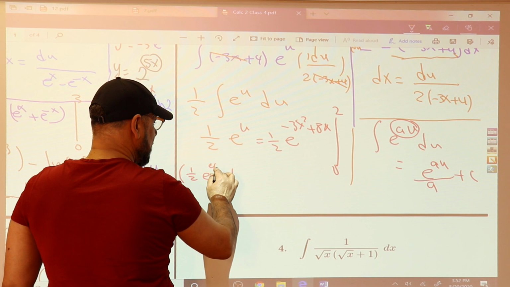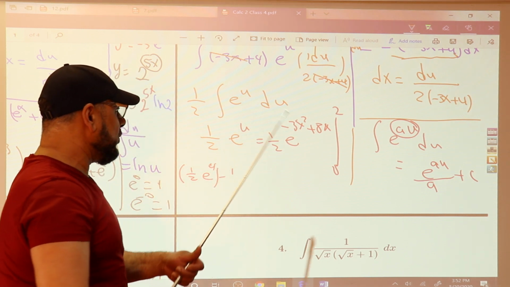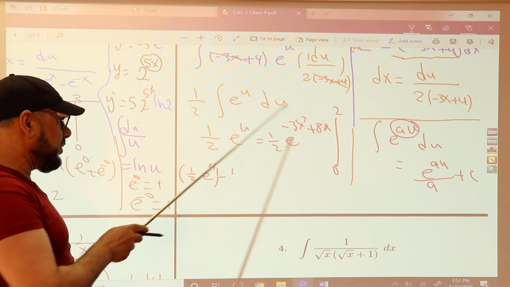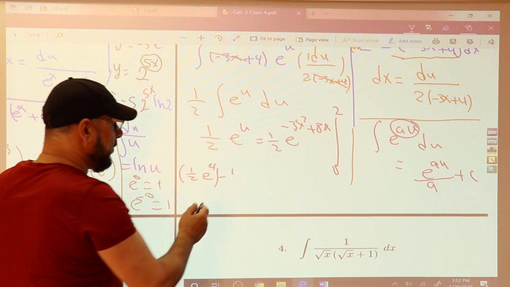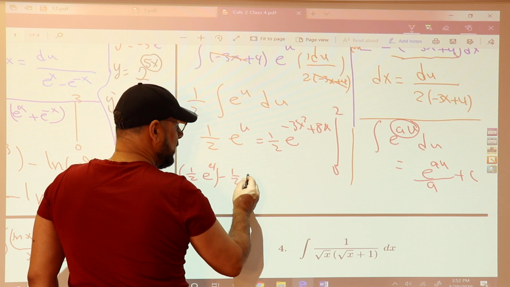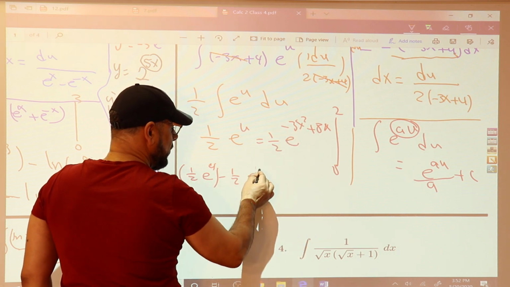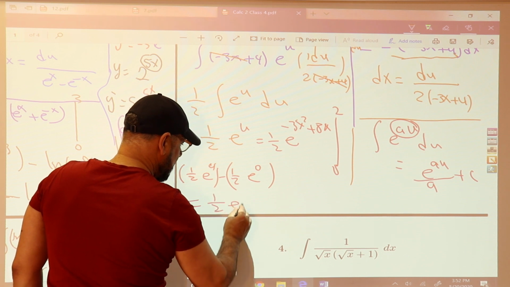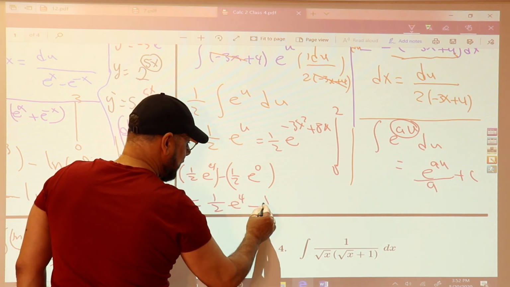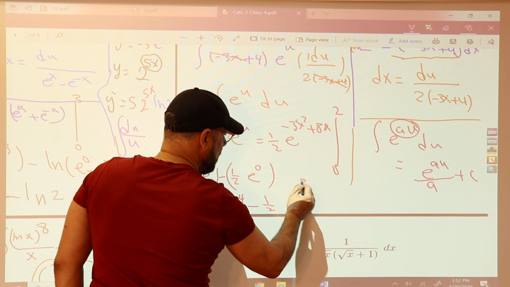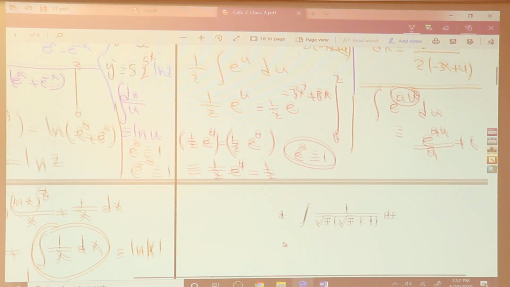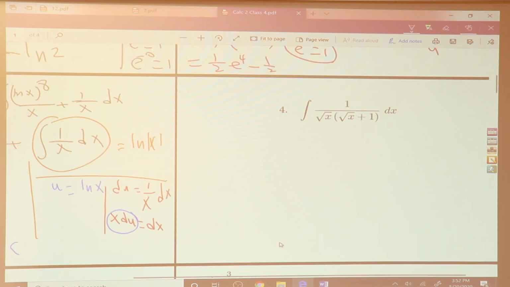We're done with the 2. 2 squared is 4, negative 3, negative 12, plus 16. Tell me, guys, if you have any questions. Now e to the 0 is 1, so this is half e to the 4 minus half, because e to the 0 equals 1. Okay.